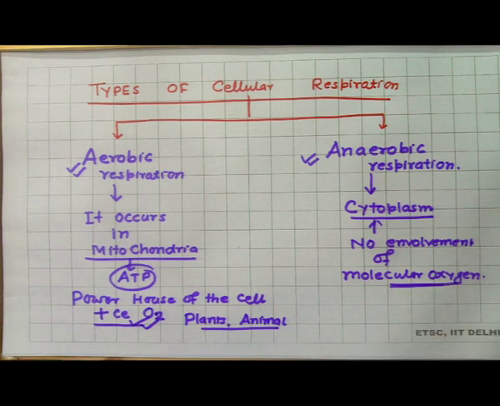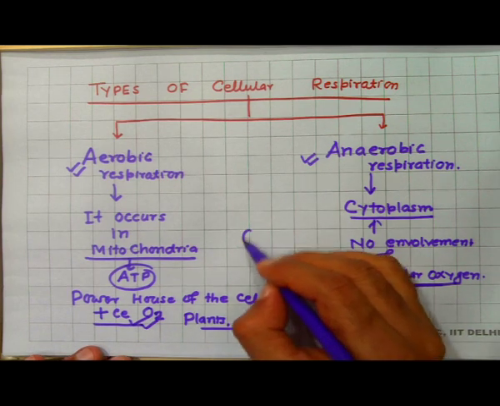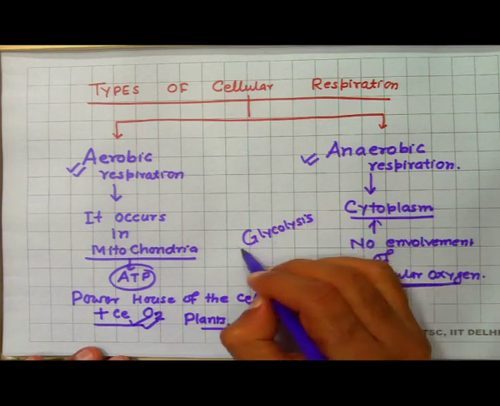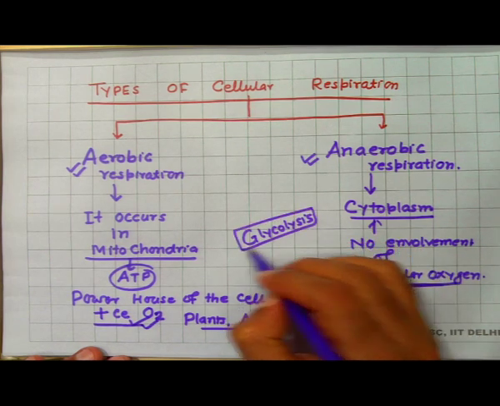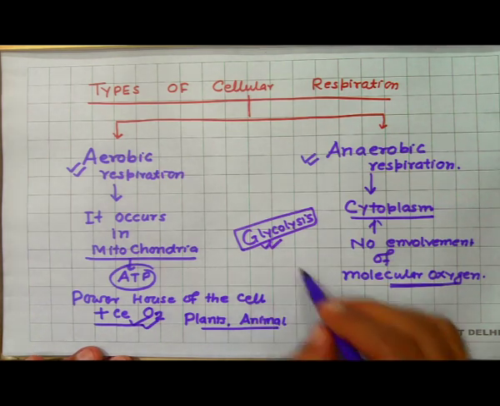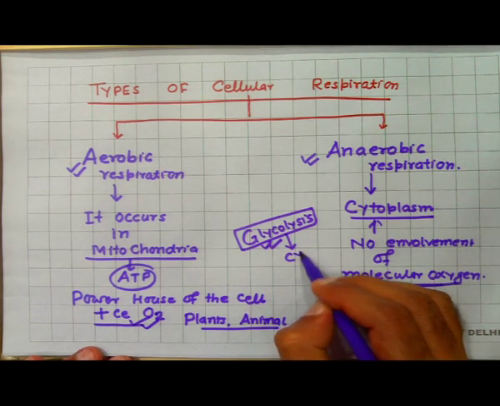But there is a common process for aerobic and anaerobic respiration which takes place in cytoplasm, that is glycolysis. Glycolysis is the first step of respiration. It takes place in cytoplasm.